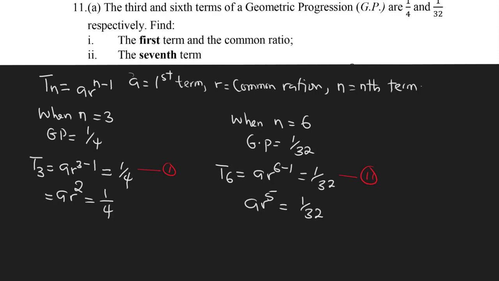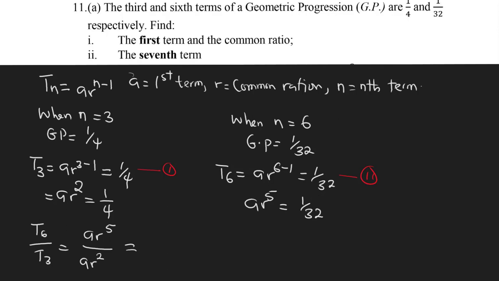So we say T6 divided by T3, which will be a r to the power of 5 divided by a r to the power of 2, equals the T6 on top.